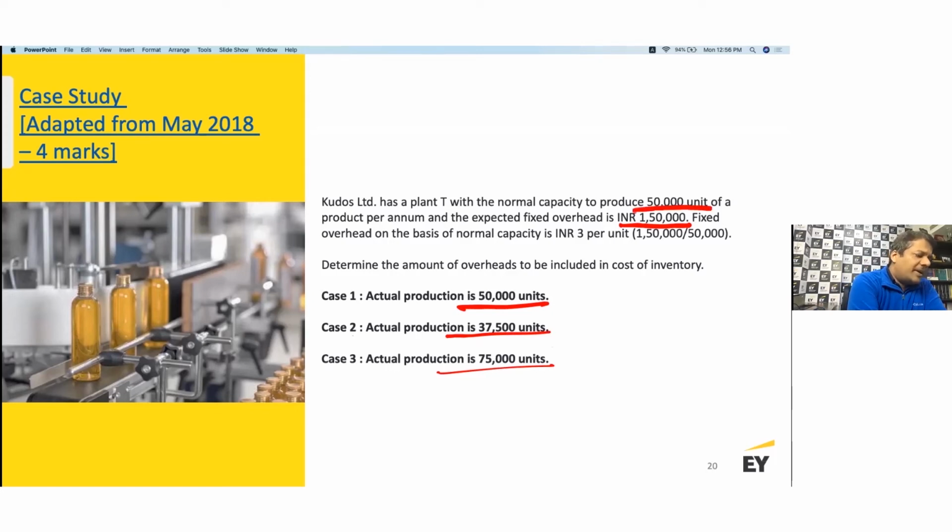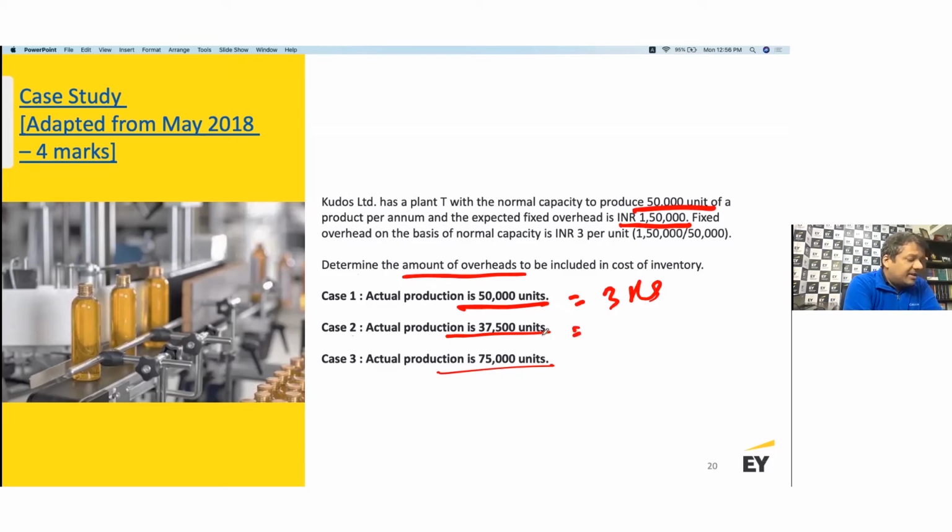And the normal capacity is 50,000 units, and my fixed overhead for this capacity is 1,50,000. So the question is, how much is the amount of overhead? If it is 50,000 units, of course, then 3 rupees per unit I'm going to add.